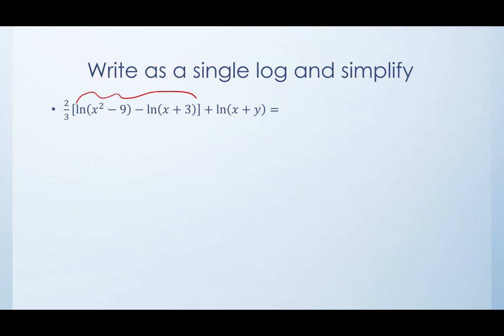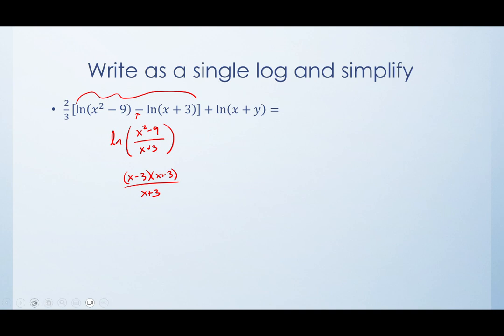So this is ln, a difference of logs, so the numerator is the first one and the denominator is the second. Now we notice I've got a difference of squares, so I've got x minus 3 times x plus 3 over x plus 3.